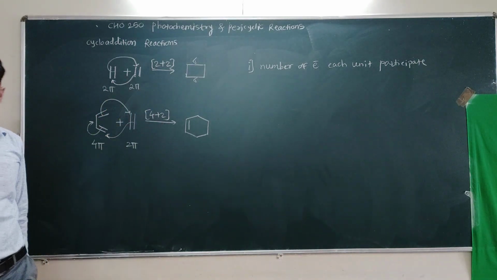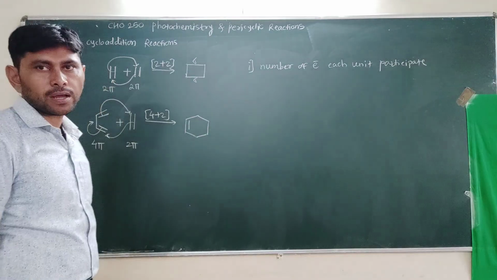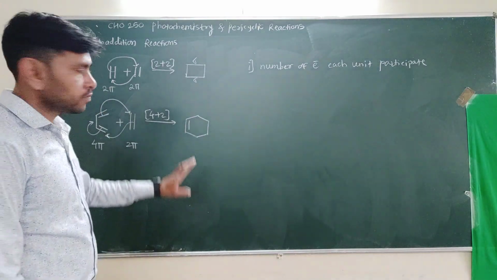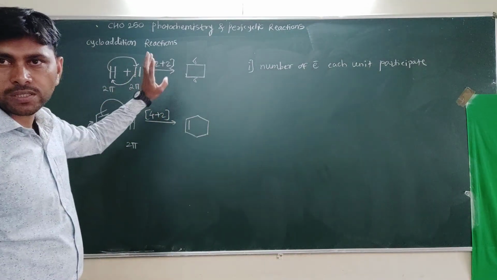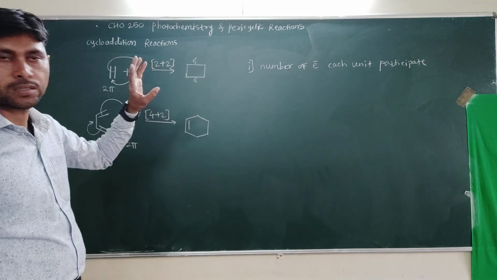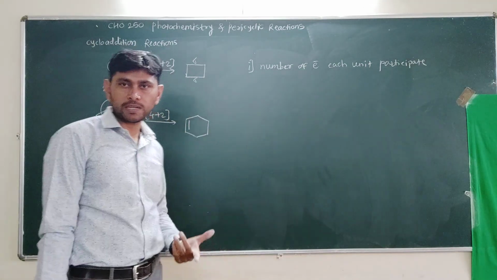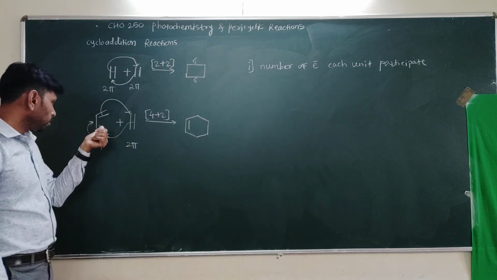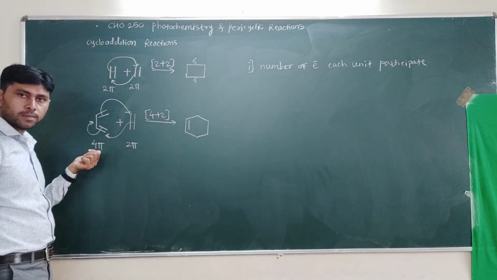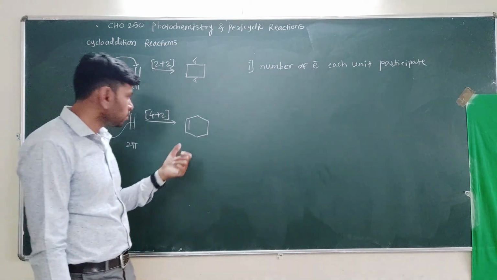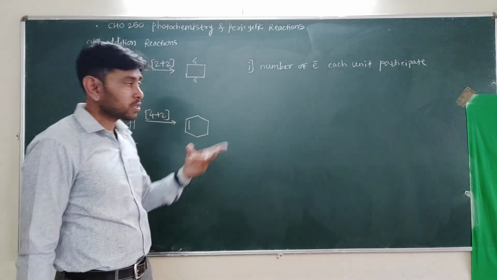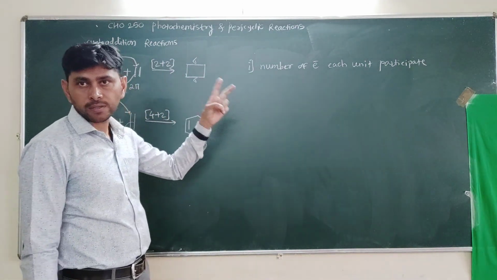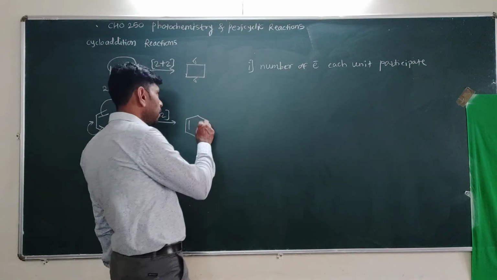Whether they are sigma electrons or pi electrons does not matter, but we have to consider both units participating in the reaction. Here the 4 pi electron unit participates, here the 2 pi electron unit participates. So 4 plus 2: we have to consider the number of electrons of both partners.